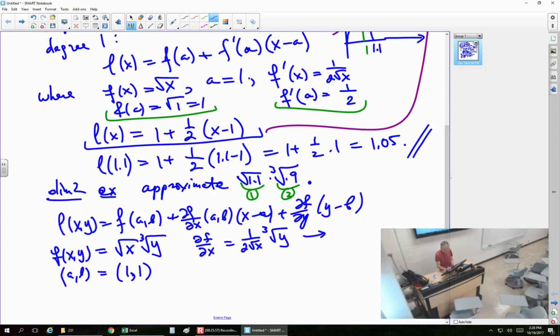Then I plug in 1,1, and I end up with df/dx at a,b, the coefficient of our linear approximation, which is simply 1/2, right? Okay, now df/dy: I am leaving square root of x alone, I'm differentiating with respect to y. What's the derivative of cubic root of y?